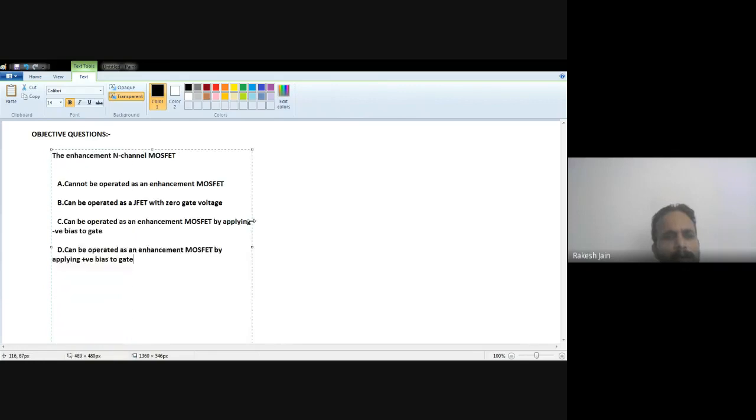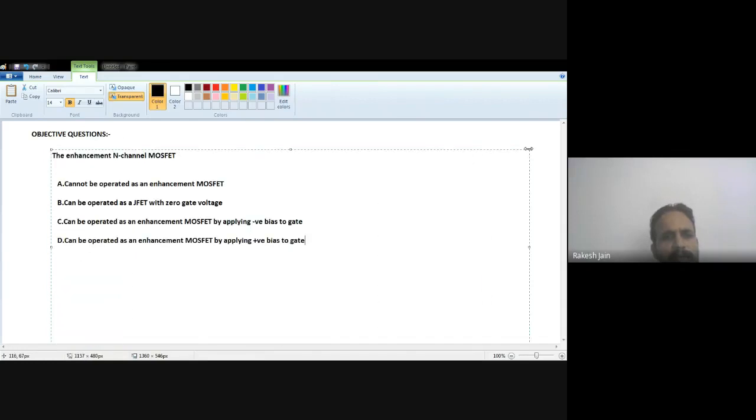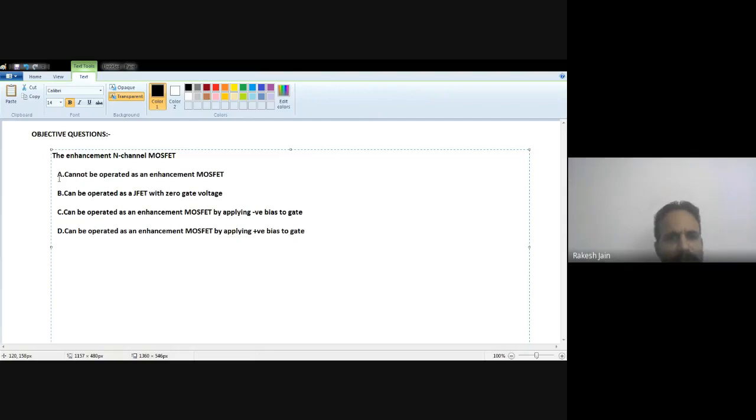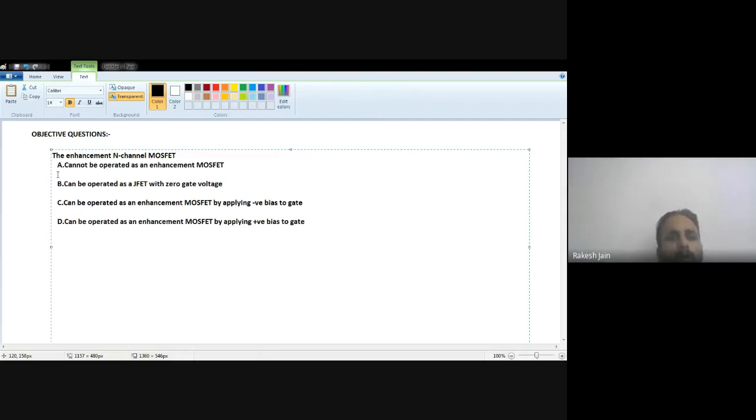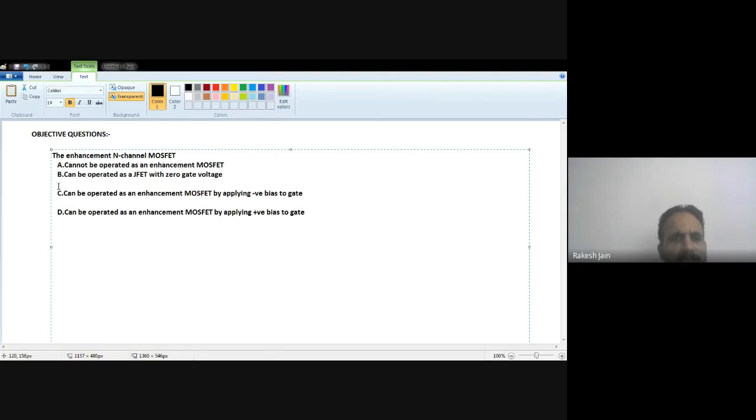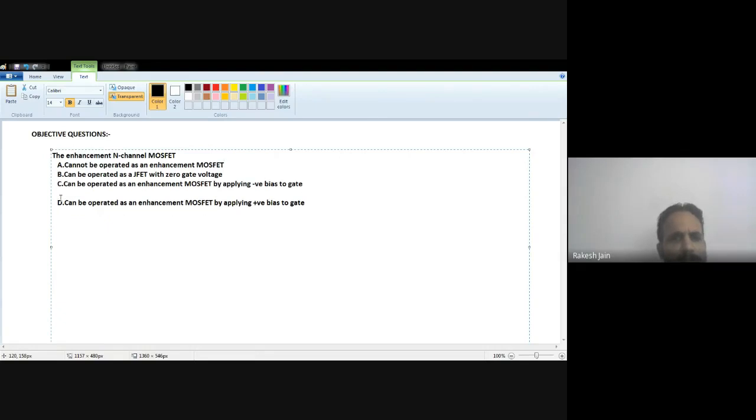The enhancement N channel MOSFET cannot be operated as an enhancement MOSFET by applying negative bias to gate, cannot be operated as enhancement MOSFET by applying positive gate bias, can be operated as FET.